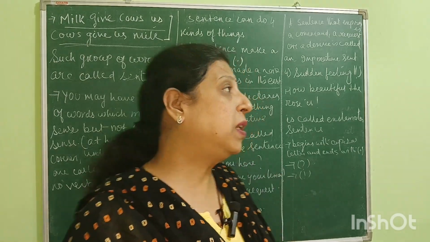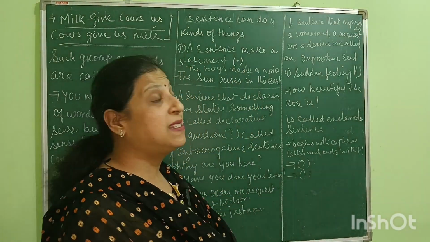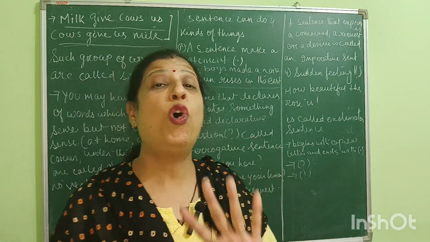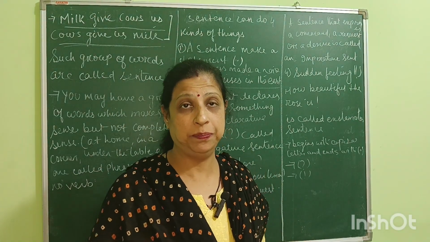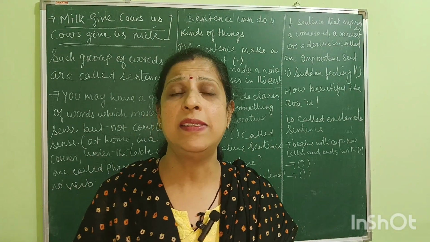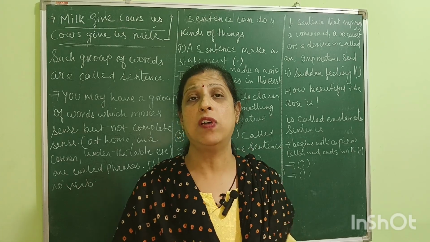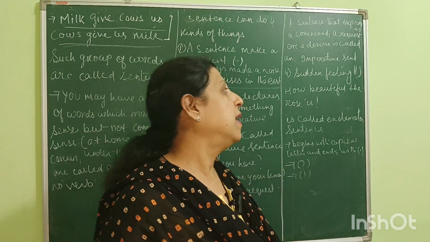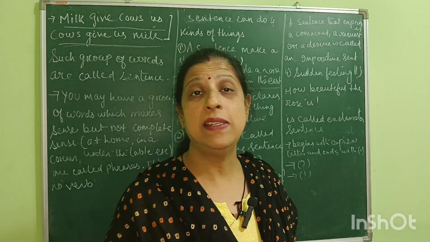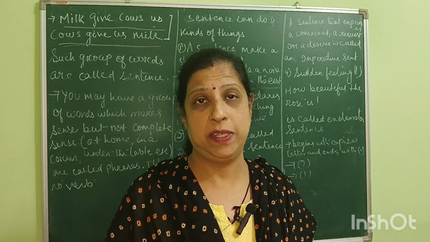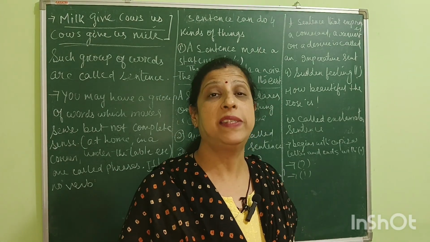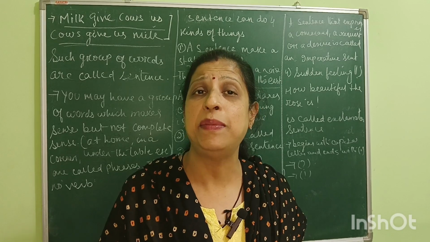Okay, moving further, let me tell you that a sentence can do four kinds of things. What are they? Number one, a sentence can make a statement, which means it can declare something.